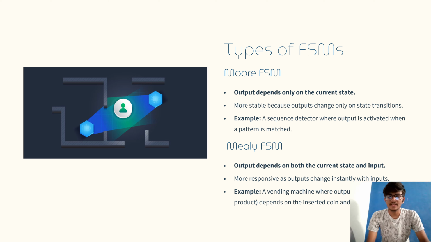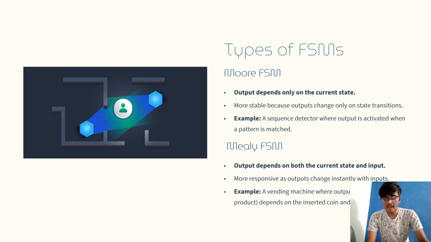The second type of FSM is a Mealy FSM. A Mealy FSM is a type of finite state machine where the output depends on both the current state and the input. This allows the machine to respond faster since output can change immediately based on input.